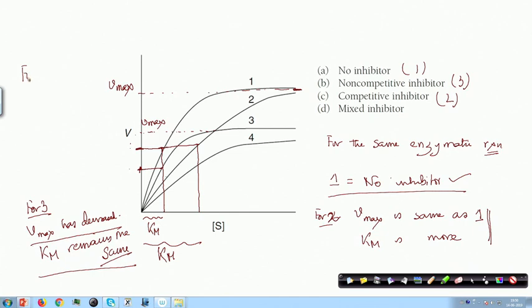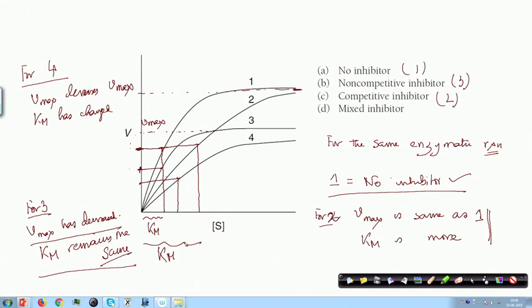So, for 4, Vmax decreases and Km also has changed. We are not seeing whether it has increased or decreased, because if you draw the Vmax here, Vmax will be somewhere here, and then half of Vmax will be somewhere here, and then you draw the line, it cuts 4 here, and then you draw the line.